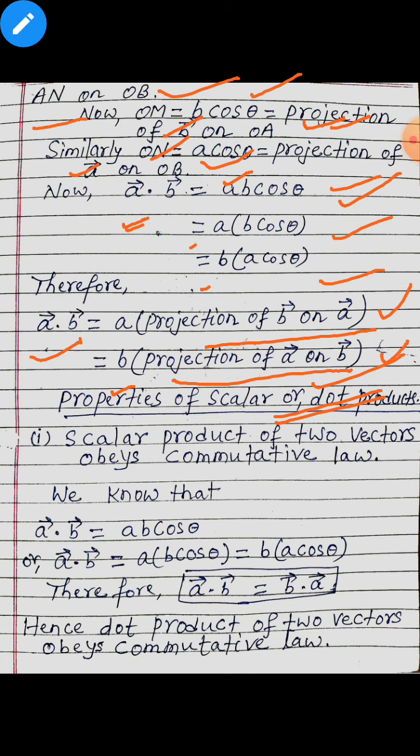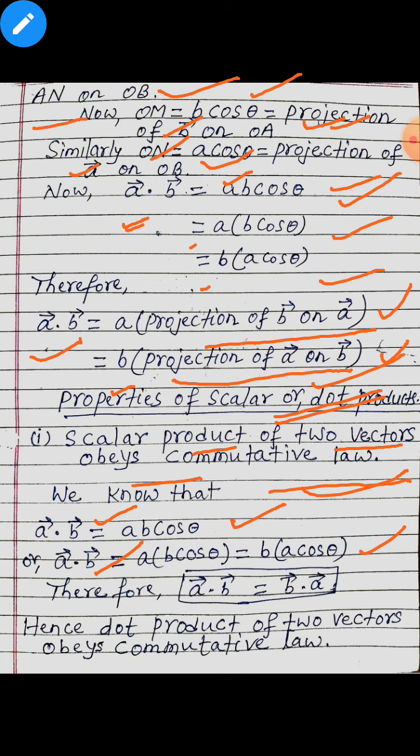First property: a scalar product of two vectors obeys commutative law. We know that A vector dot B vector equal to AB cos theta, or A vector dot B vector equal to A multiplied by B cos theta, which can be written as mod of B vector multiplied by A cos theta.